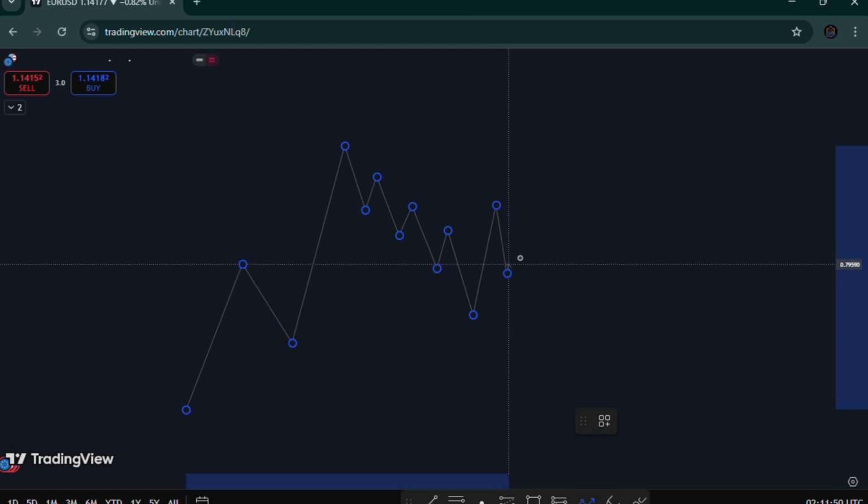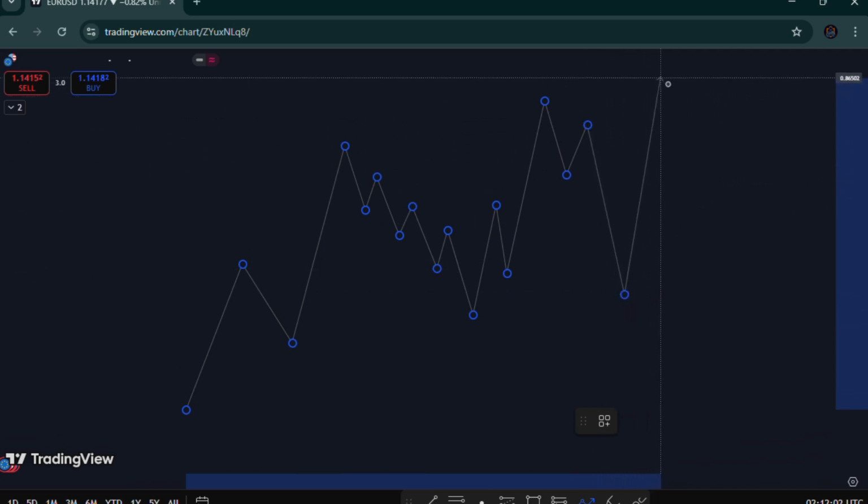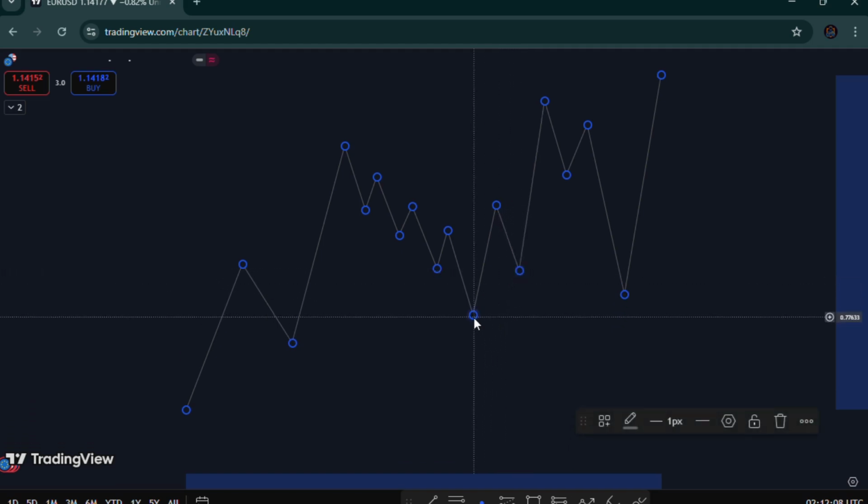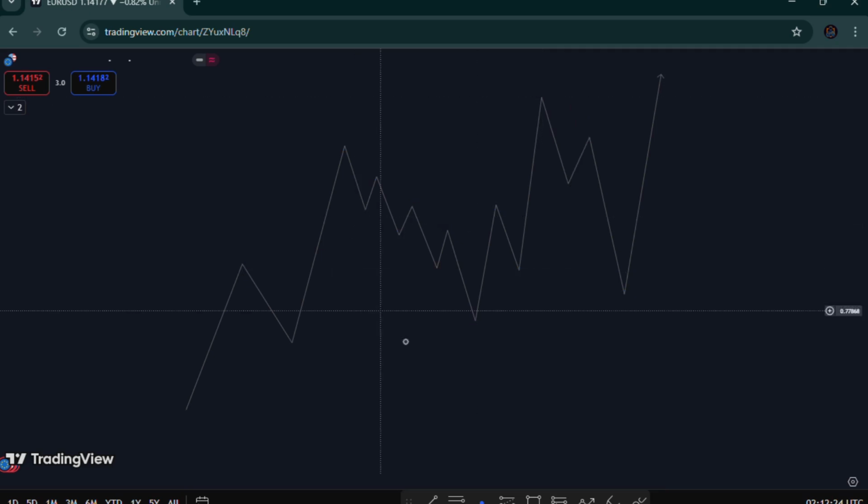Price always makes this move, and at some point smart money traders might look at this as not relevant, but the real truth is this type of market structure always appears on a specific time frame. This is an advanced type of market structure.